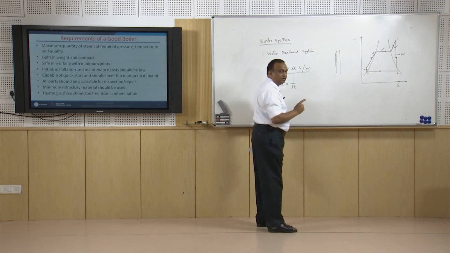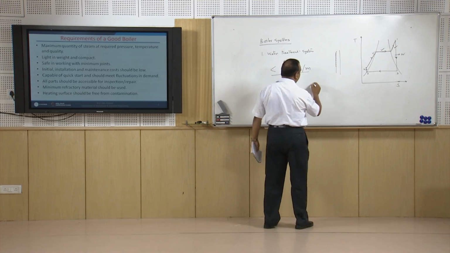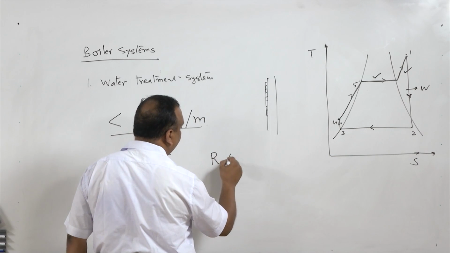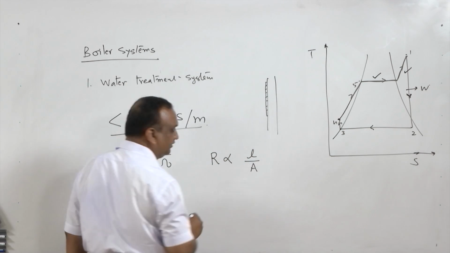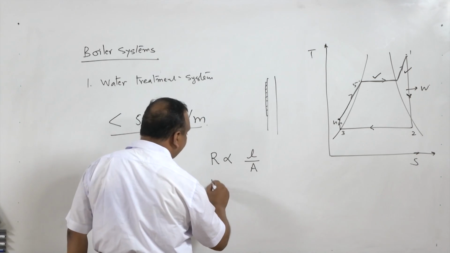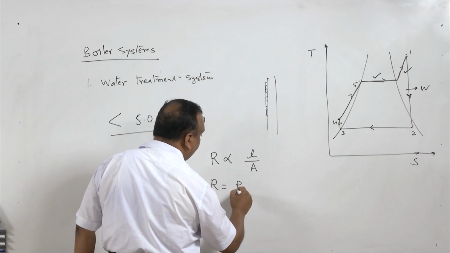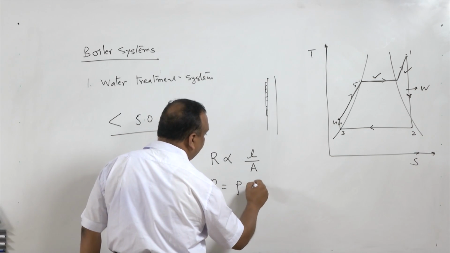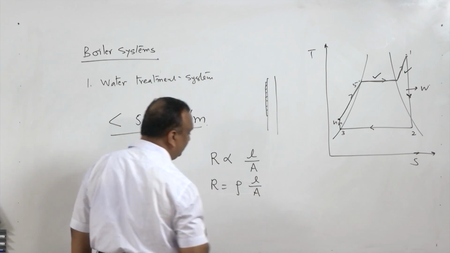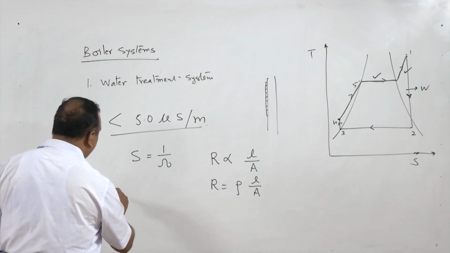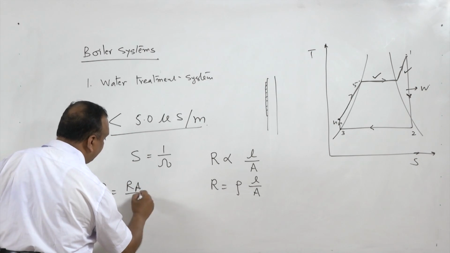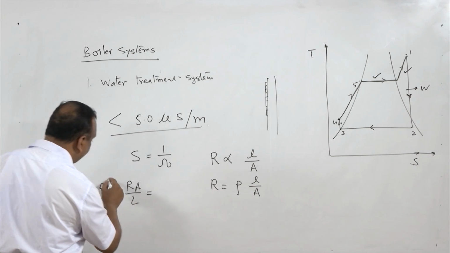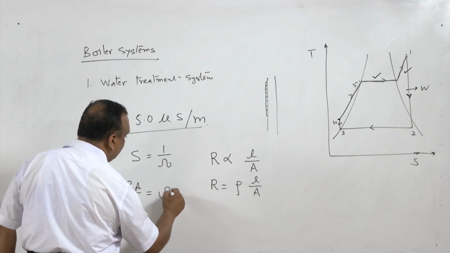If you remember your electrical engineering, the resistance of any conductor is proportional to the length of the conductor and inversely proportional to the area of the conductor, and there is a constant, the specific resistance. Now, specific resistance rho is RA by L, and the unit of this specific resistance is ohm meter.